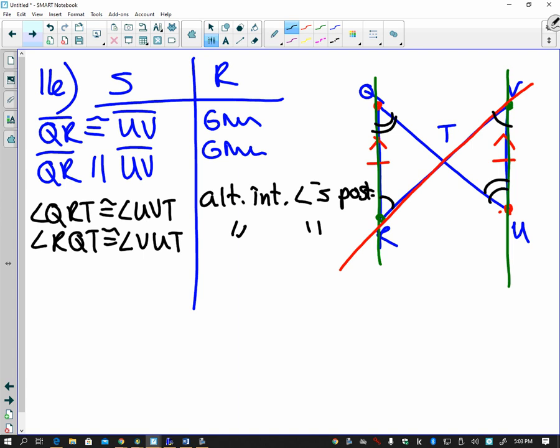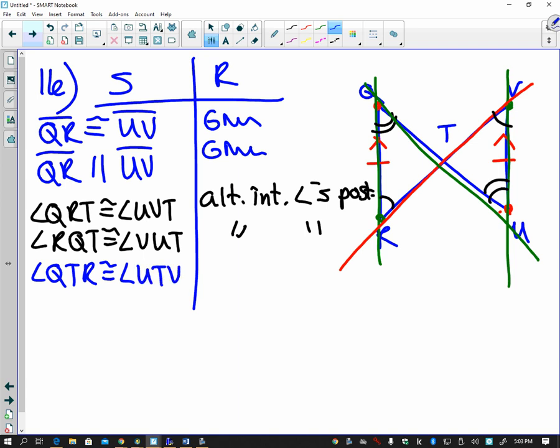Those are also alternate interior angles, but they run off of a different transversal. Now, we don't need to say this, we have two angles, but just so that we see it, we could also say that angle QTR is congruent to angle UTV.